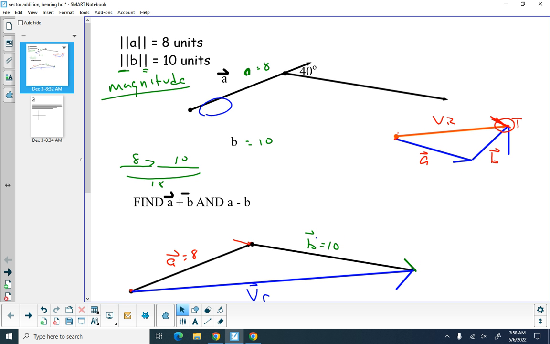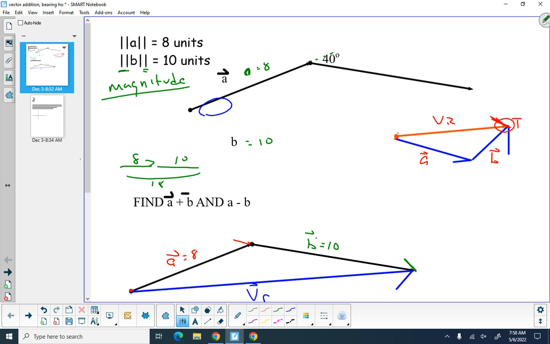If I take it to the tip here and extend this side, I still have 40 degrees. So if I extend this side, this would be 40 degrees, which means the angle within the triangle has to be what measure? 140. This has to be 140 degrees.